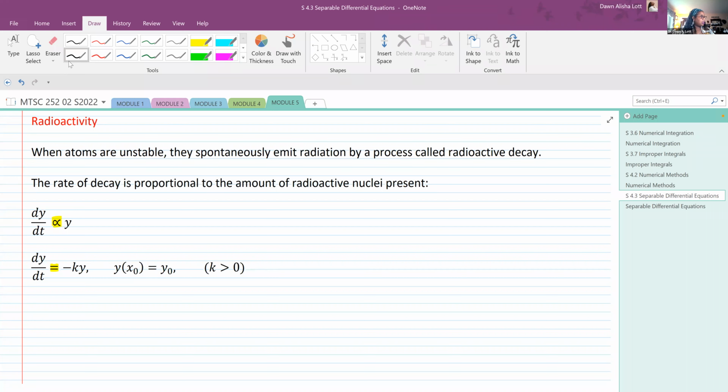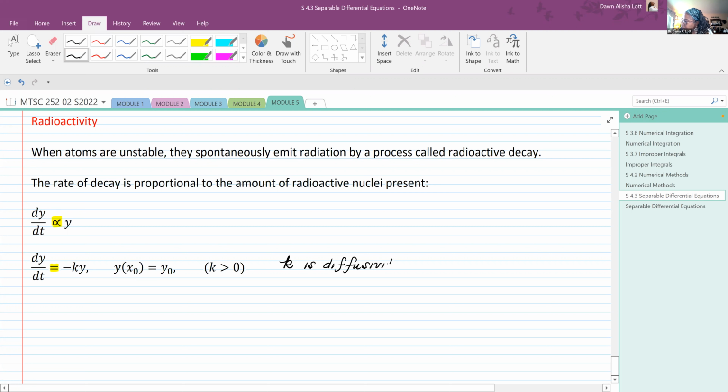k is greater than 0, and k is our decay constant. It tells how fast the stuff is going to decay. The bigger k is, the faster the decay.